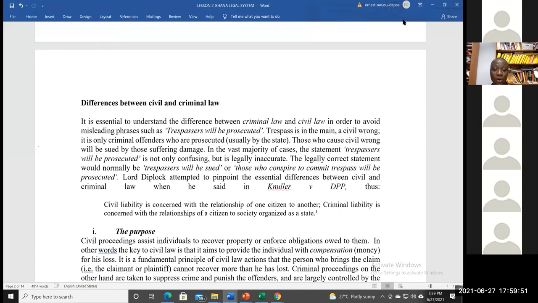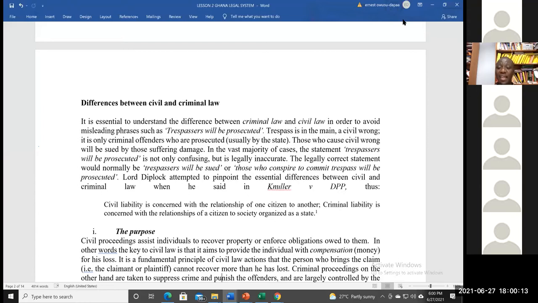So we know that criminal law, as we have said, is between the state and the individual. And the purpose of criminal law is to require citizens to behave in a certain manner.